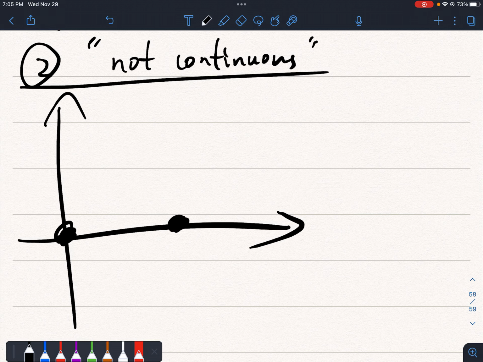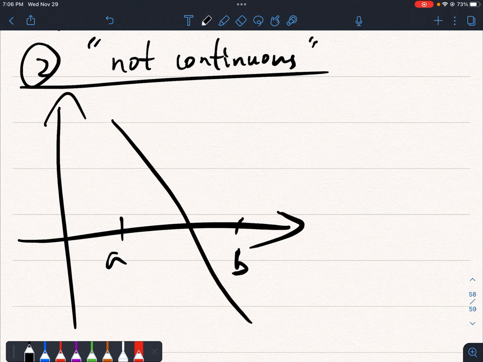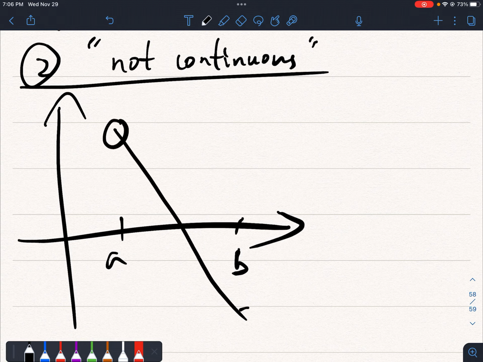So I will give you a counterexample. So it is defined on the closed interval. It can be very, very silly, but let's take a look, like from A to B, okay? So let's just look at this graph. Okay, this is all good, it's linear. But suddenly at this point, it becomes smaller.